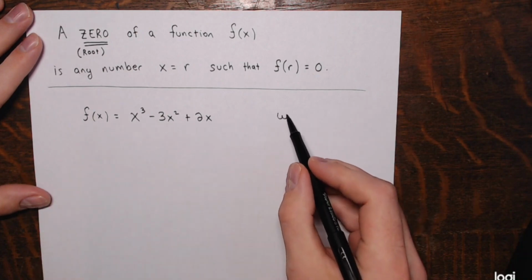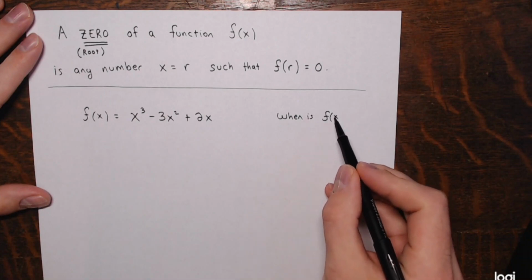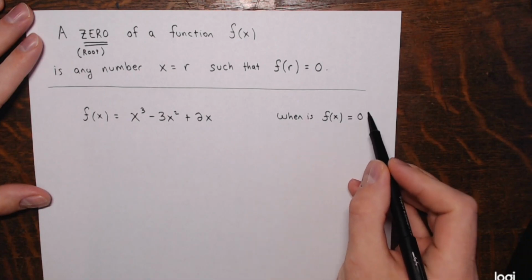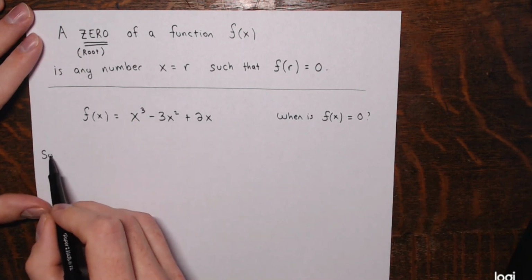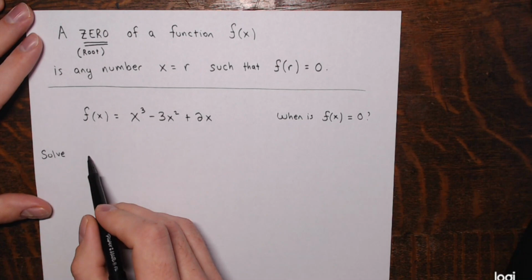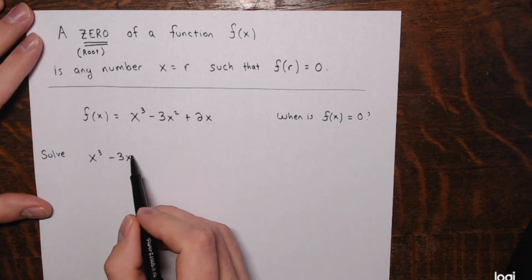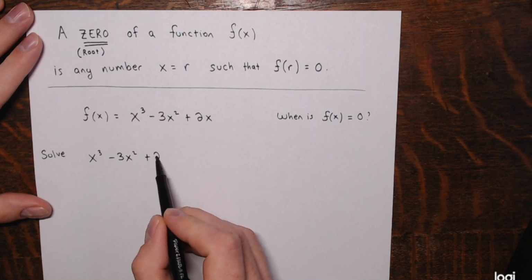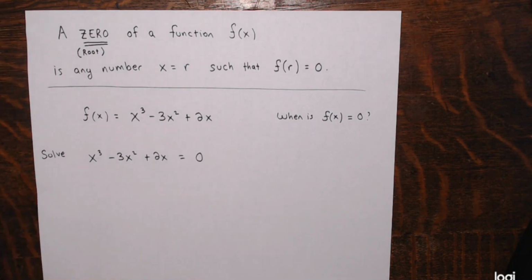So the question is, when is f of x going to be equal to 0? That just means we're solving the following equation. When is x cubed minus 3x squared plus 2x equal to 0? Solve for x, and those solutions will be the zeros of this function.